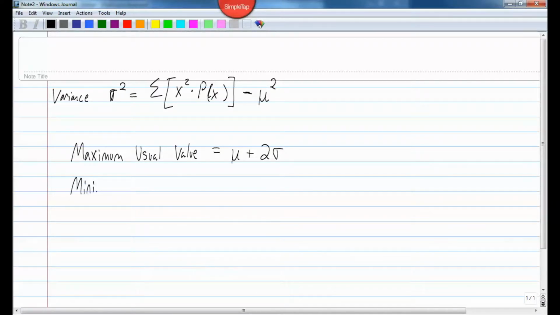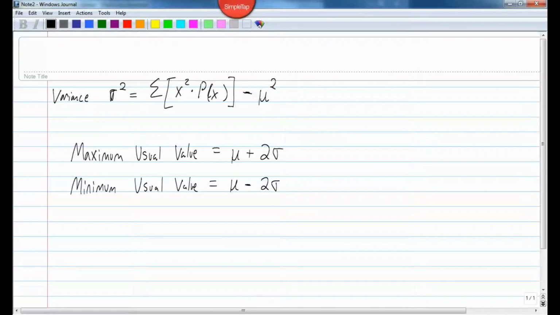We can find the minimum usual value by taking the mean and subtracting 2 times the standard deviation. So as long as you're between those two values, the maximum and the minimum, then it would be usual. But if you're greater than the maximum or less than the minimum, then it's unusual. It's the same thing from the previous chapters, though.